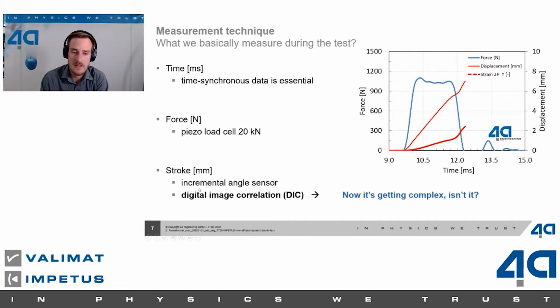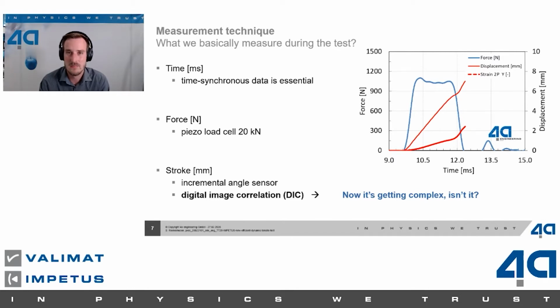And now we have to talk about the stroke measurement. We do it with an incremental angle sensor in the top of the pendulum in the standard test setups for 3-point bending or puncture test or so on. But in a tensile test, it's quite important to use a DIC system to measure the local strain on the test piece.